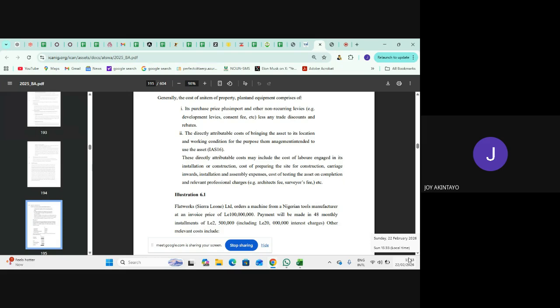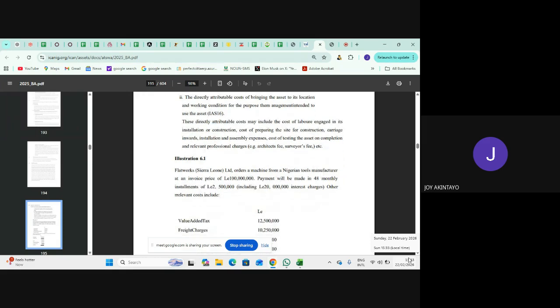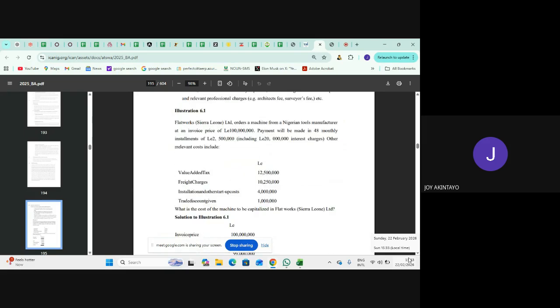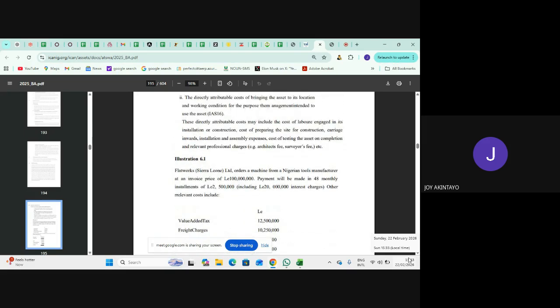So those are the costs we will be looking at as directly attributable cost of bringing the asset to its condition.